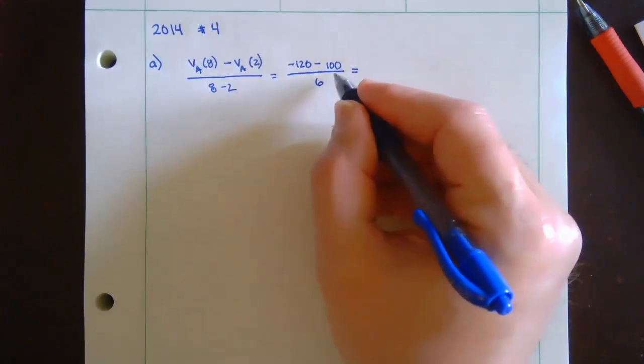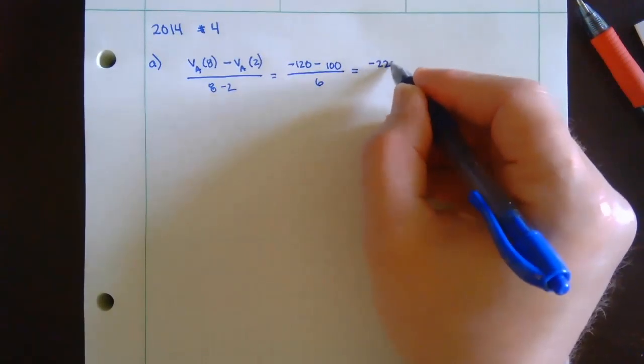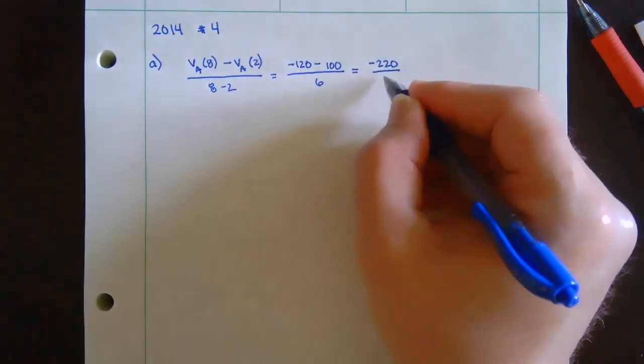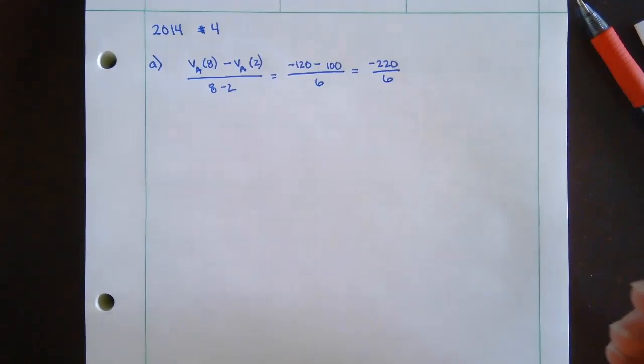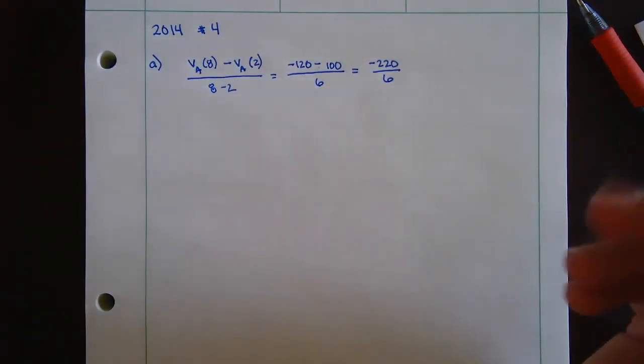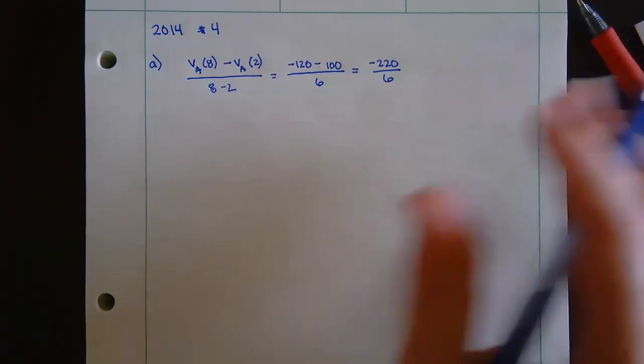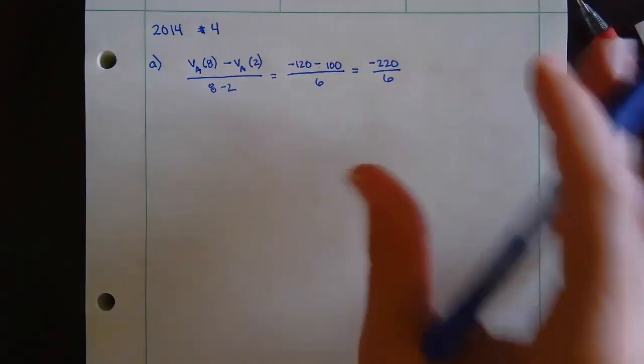And then this would be negative 220 divided by 6, okay? And then that's good enough. I mean, that's a numeric answer, okay? Now, let's put units on this, okay? So if you stopped here on the AP exam, you're perfect, okay? You don't have to simplify, okay?